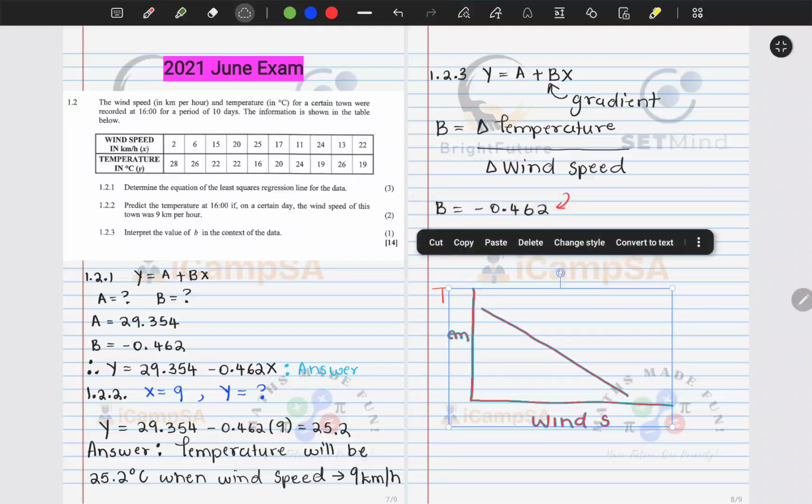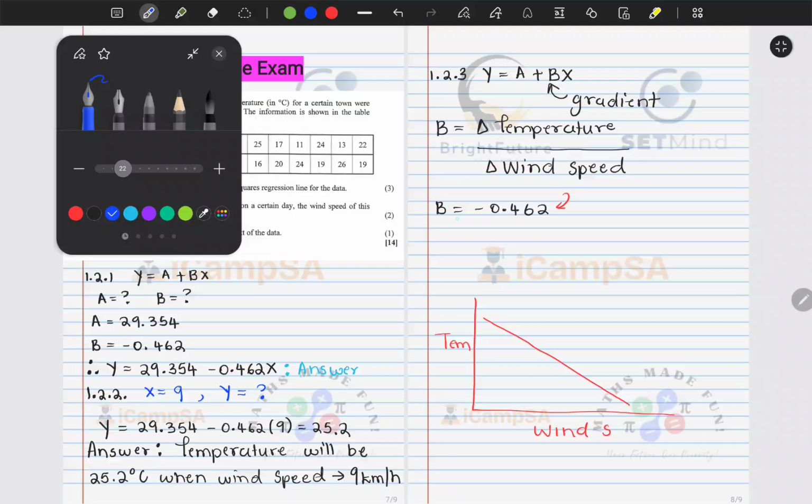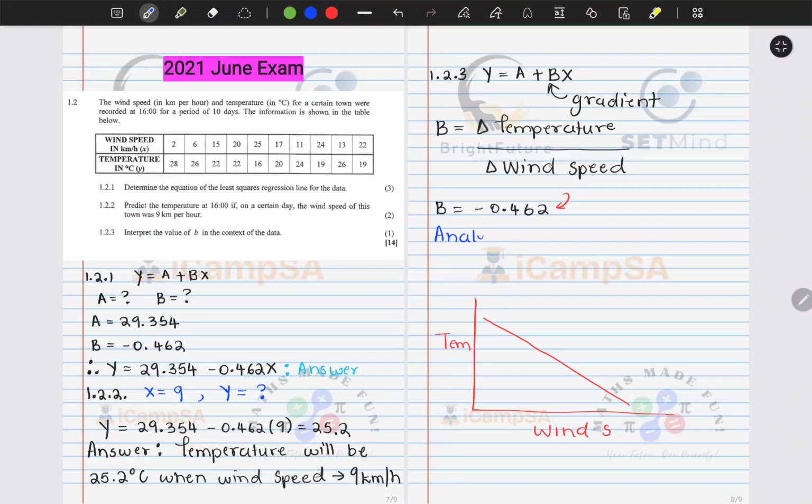So let's go ahead and put that down there. So the analysis is that as the wind speed increases, the temperature decreases.